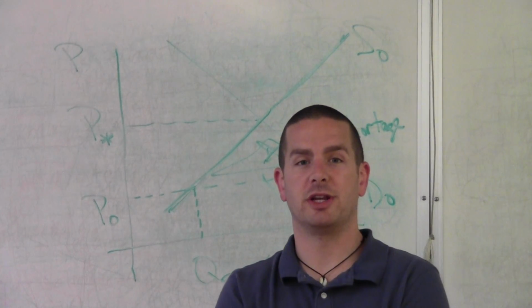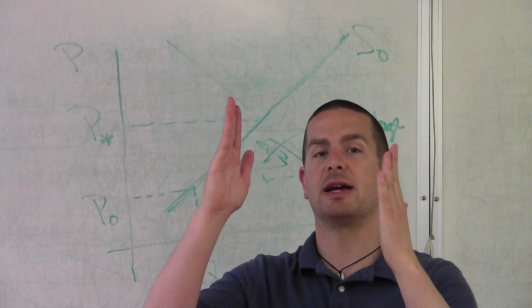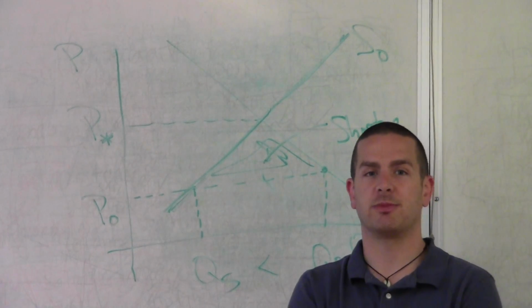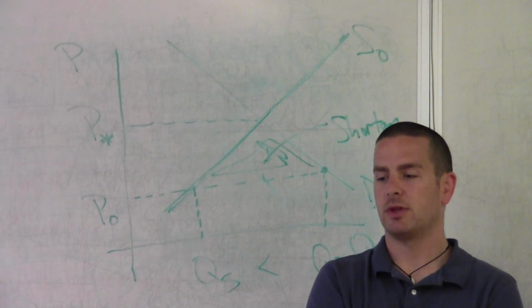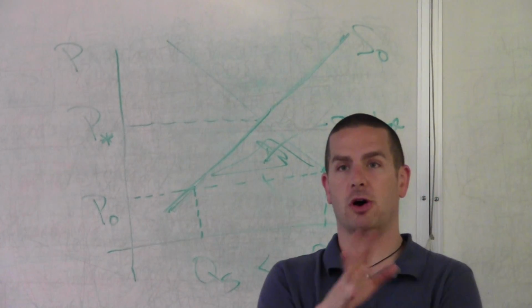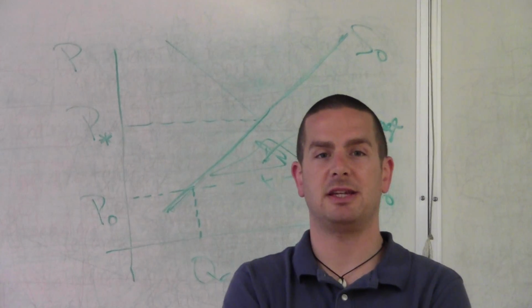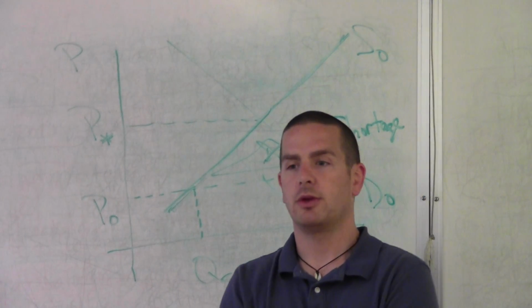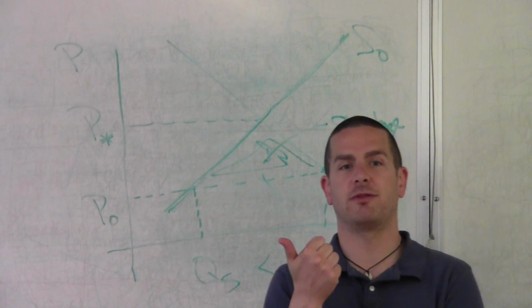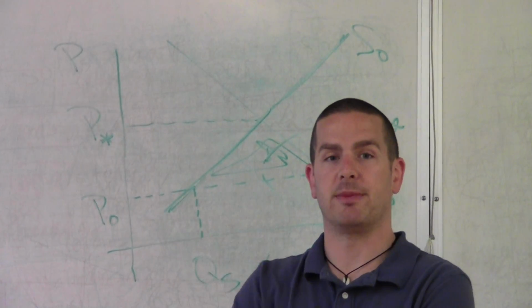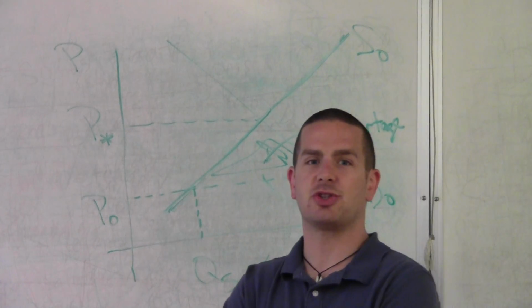So if there's a shortage, prices will rise until you ultimately come to the market clearing price. So that was, in this hour and 15 minutes, supply, demand, and equilibrium. We derived the demand curve, the supply curve, and equilibrium. We also saw shortages and surpluses.